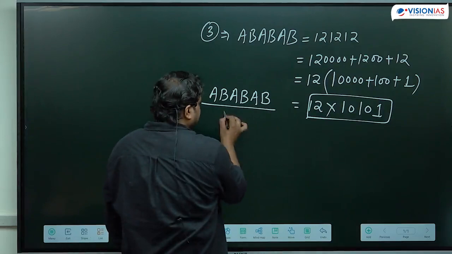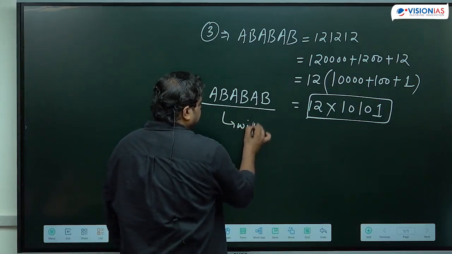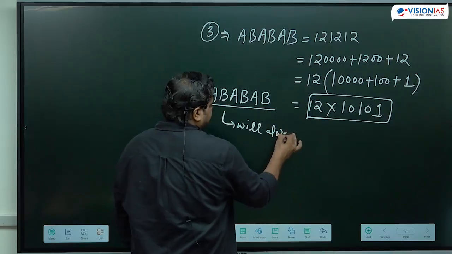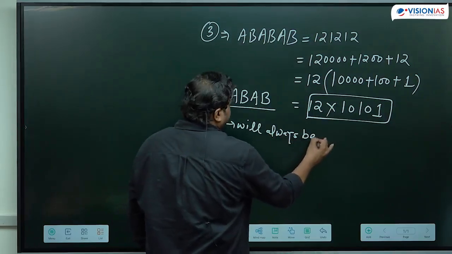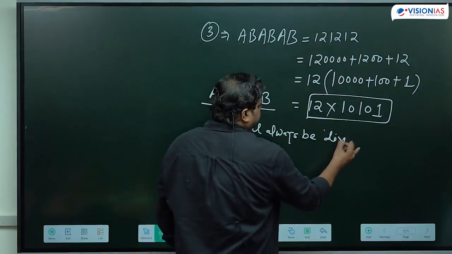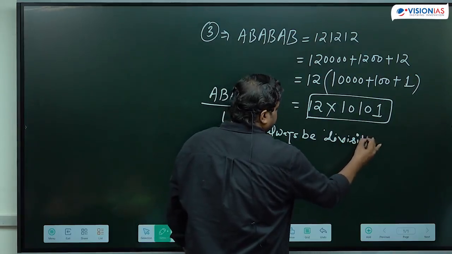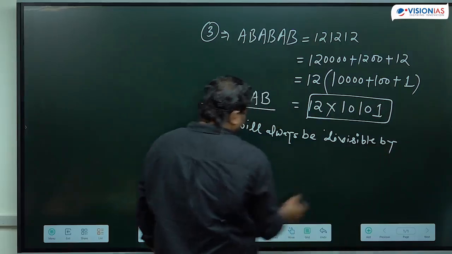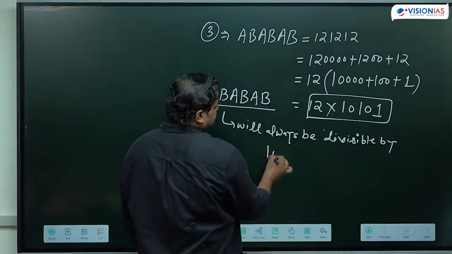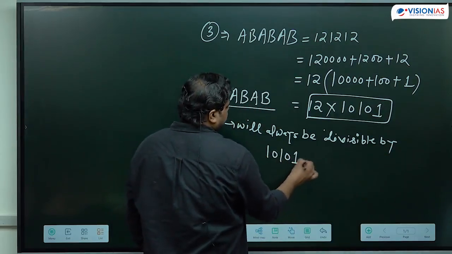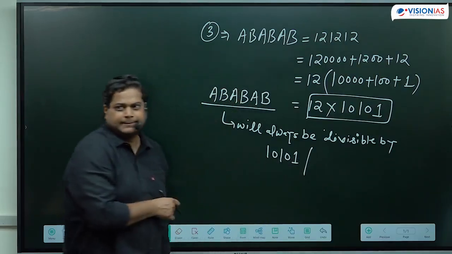That means this number will always be divisible by 10101, or the factors of it.